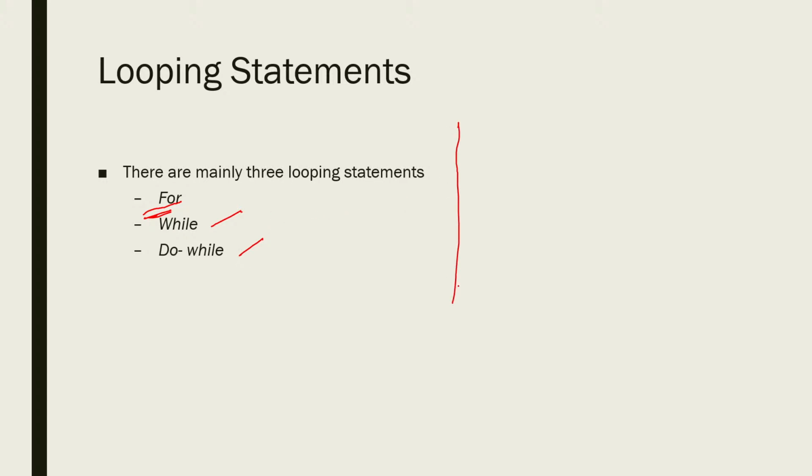Today, our agenda is to learn while loop, do while, and prime number program. Okay? In this while and do while, we will do programs, called printing digits in a number.